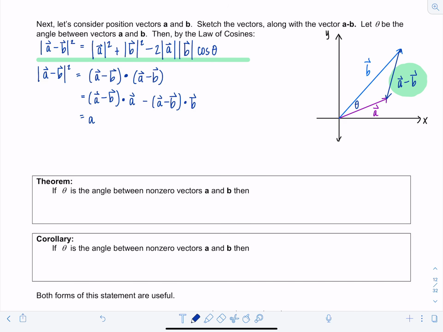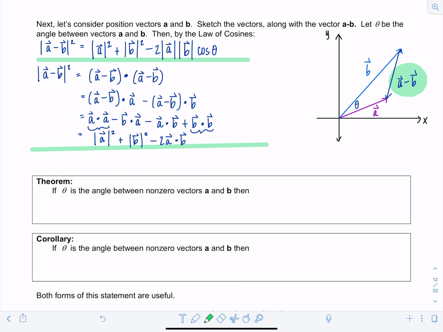Distributing once more, I get A dot A minus B dot A minus A dot B plus B dot B. Okay, and then here A dotted with A, that's the magnitude of A squared plus, here is magnitude of B squared, and then I have minus 2A dot B. Okay, well remember the expression I told you to hold on the back burner?